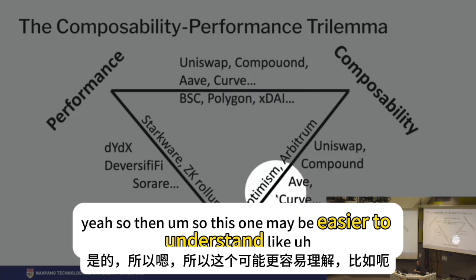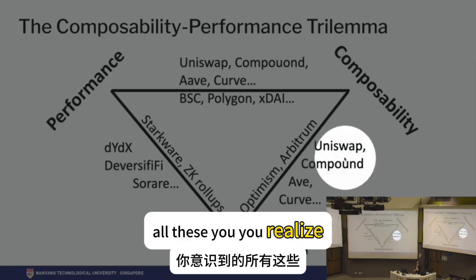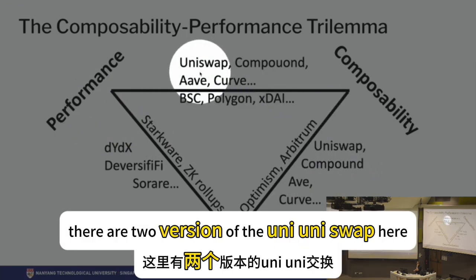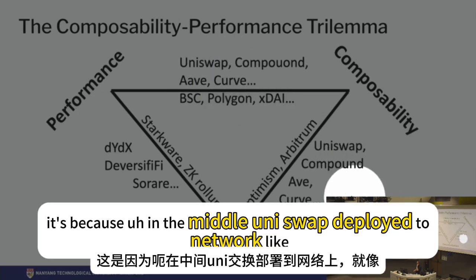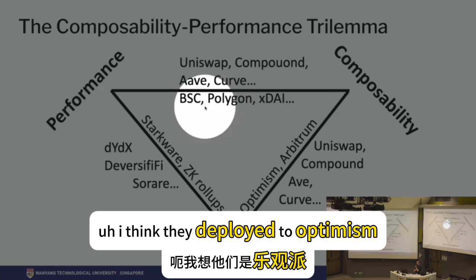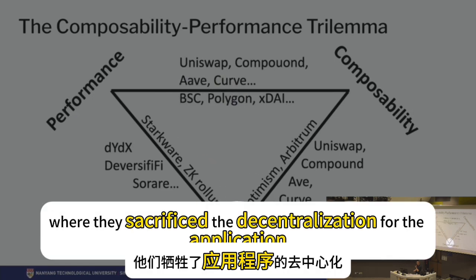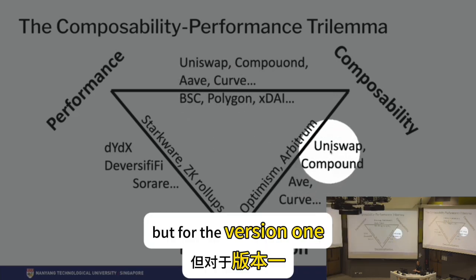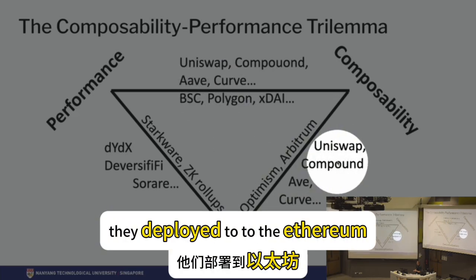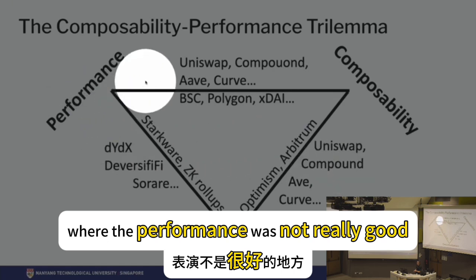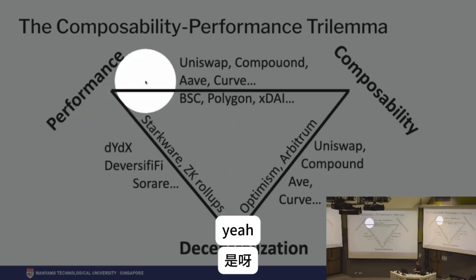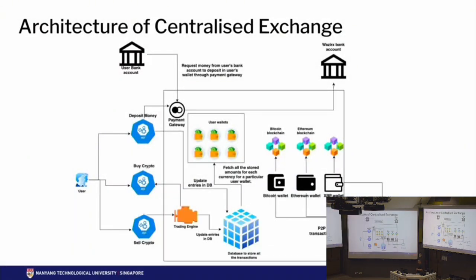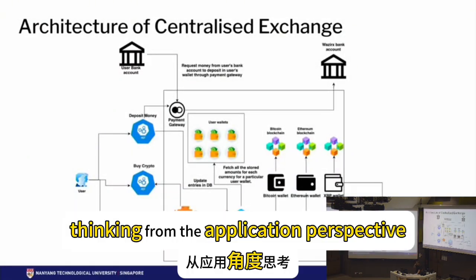You realize there are two versions of Uniswap here. In the middle, Uniswap deployed to a network, I think Optimism already, where they sacrificed decentralization for the application. But for version 1, they deployed to Ethereum, where the performance was not really good. So this is another trilemma, thinking from the application perspective.